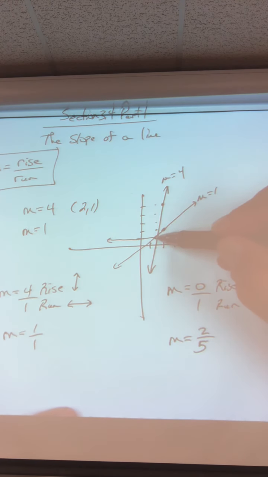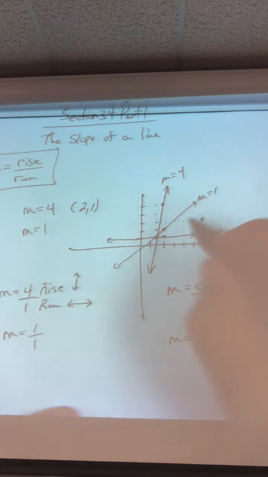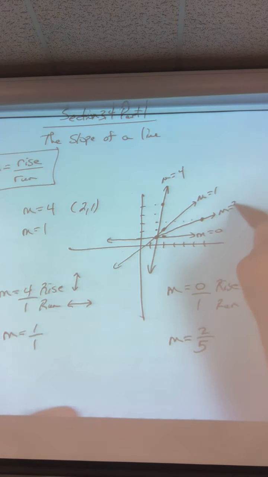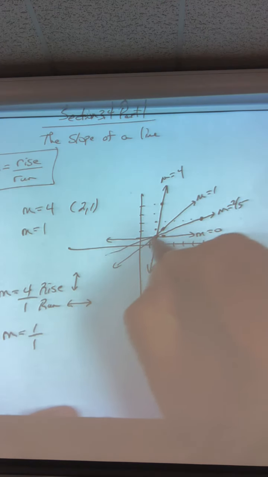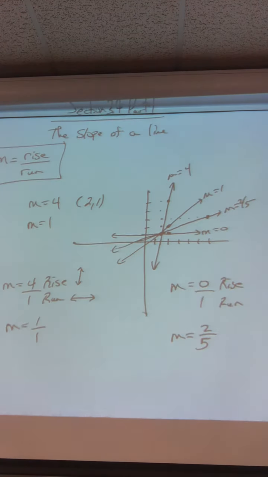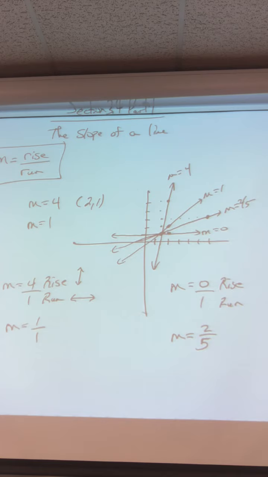So if I start right here, that means go up 2, 1, 2, and over 1, 2, 3, 4, one more, 5. So that line right there would have a 2/5 slope. You go up 2 and to the right 5.